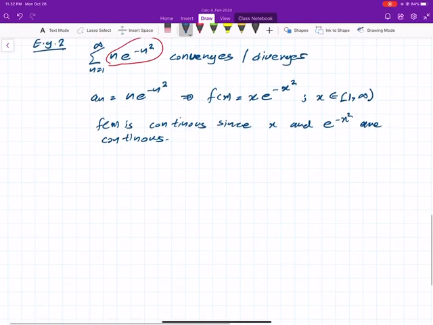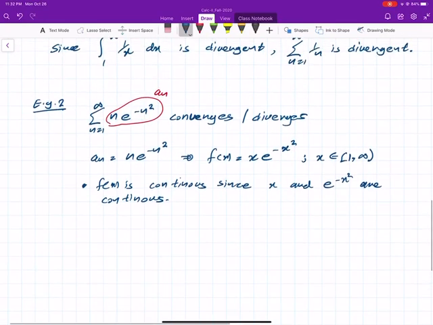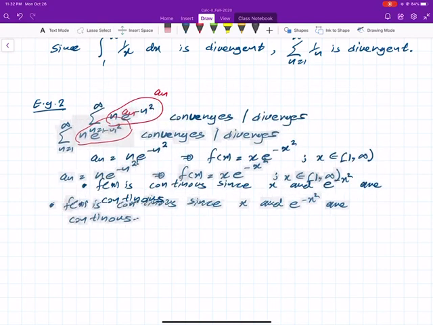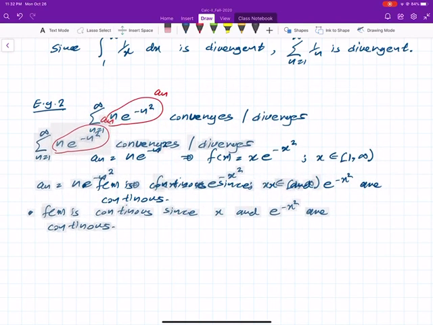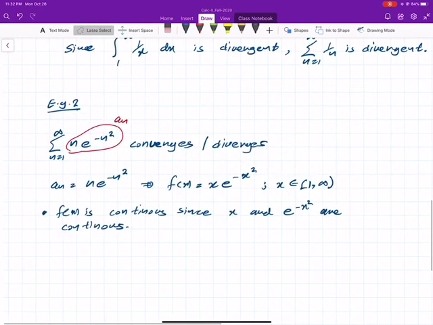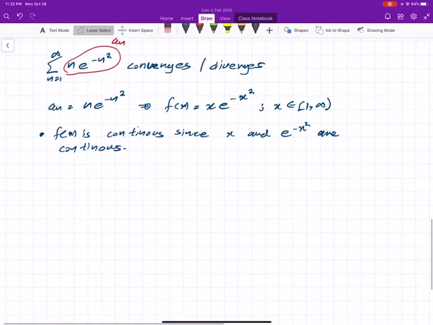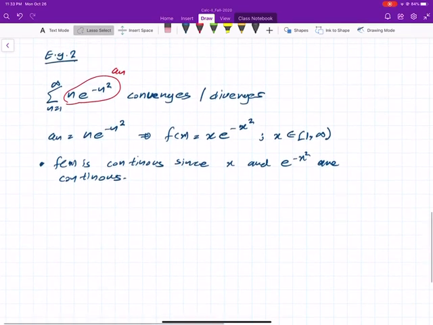Alright, the first point is checked, it is continuous. And the next point is you have to check it is positive.